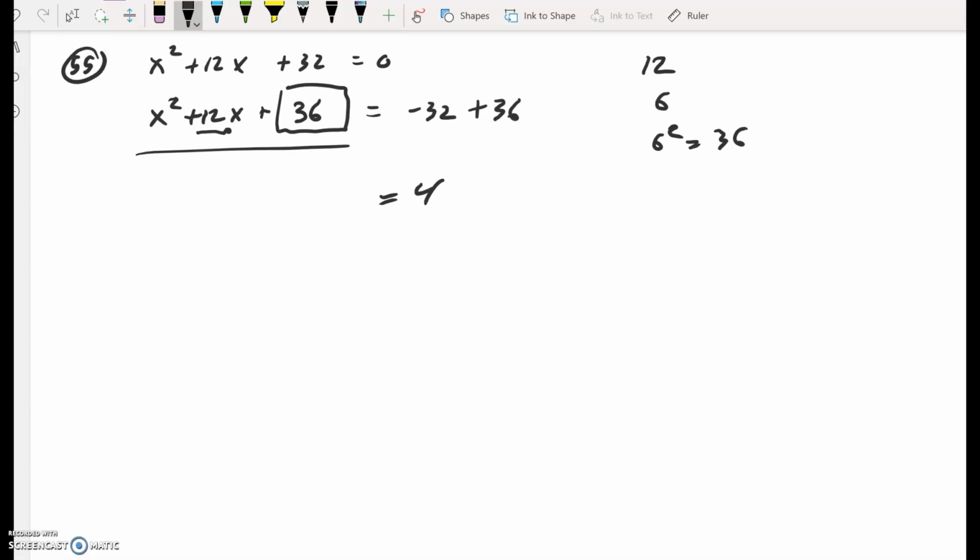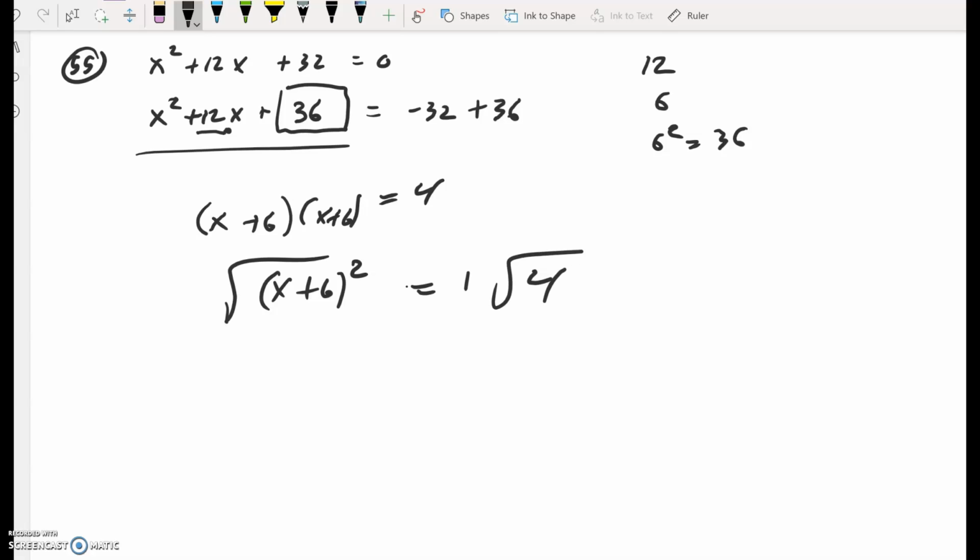Over here we get 4. Over here we get x plus 6 times x plus 6. It's a perfect square. It's (x plus 6) squared, which equals 4. And now we can take the square root of both sides and put a plus or minus in, just like the previous few problems. We have x plus 6 equals plus or minus 2, taking away 6 from both sides.